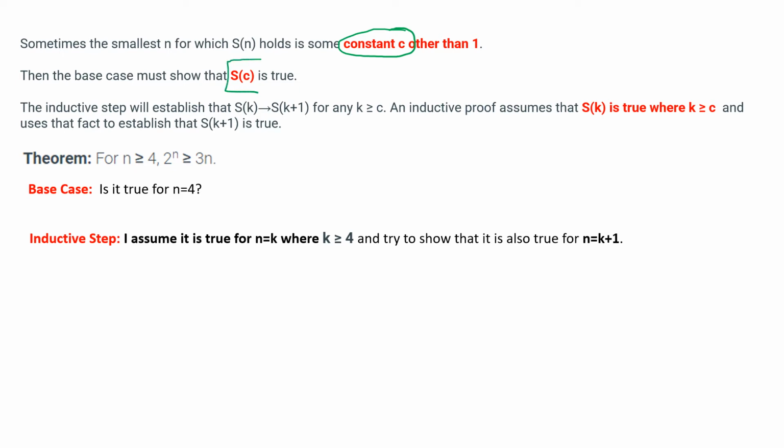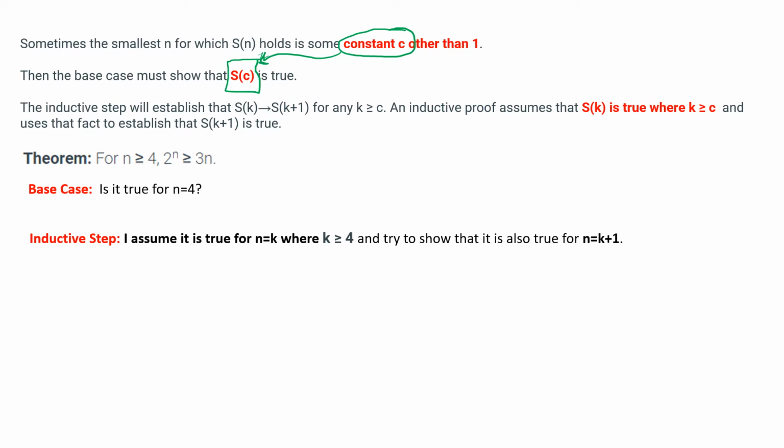Then we're not going to have to prove the base case for S of 1. If we're trying to prove it's true for all values greater than or equal to 3, then for the base case we would need to show that the statement is true for 3, right? So it's just saying that if it's not 1, maybe the starting point is a number greater than 1.